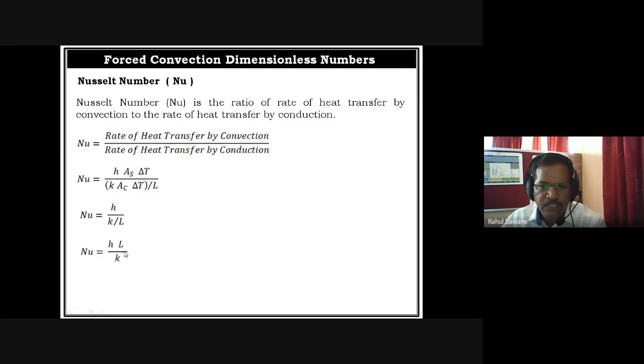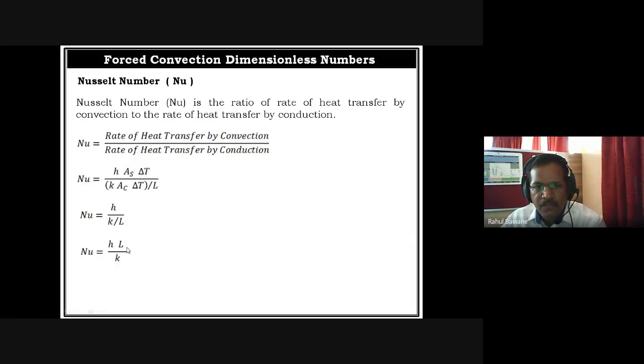If the flow is along the width of the rectangular plate, then the characteristic length will be the width. If the flow is along the thickness of that rectangular plate, the characteristic length will be the thickness. I am talking about the external flow.